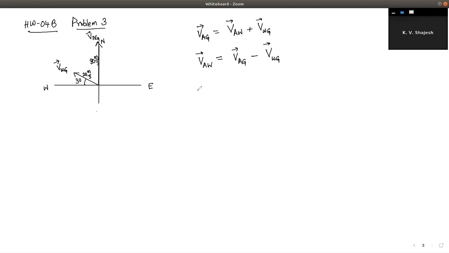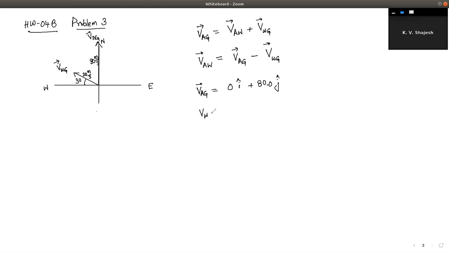We do know these quantities. The velocity of the aeroplane with respect to ground is in the y direction, so it's 0 in the i direction plus 80, up to 3 sig digits, in the j direction, with meters per second as its unit.